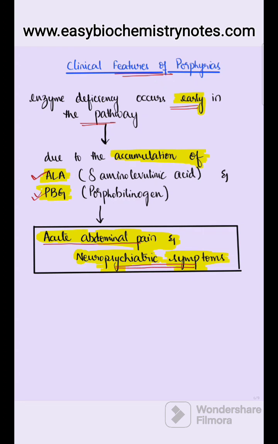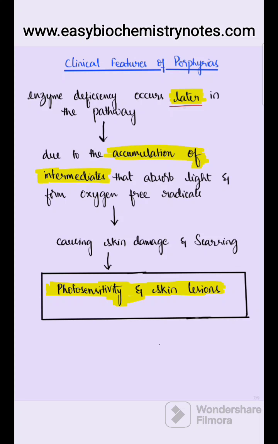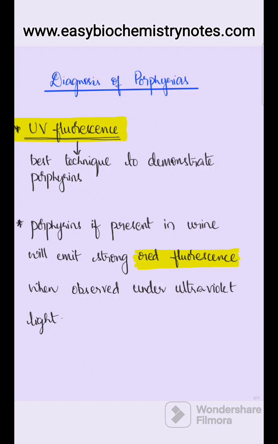Whereas if the enzyme deficiency occurs later in the heme synthetic pathway, because of the accumulation of intermediates which absorb light and form oxygen free radicals, that in turn causes skin damage and scarring, leading to photosensitivity and skin lesions. So basically there are two different types of symptoms. One is acute abdominal pain and neuropsychiatric symptoms, and the other is photosensitivity and skin lesions.